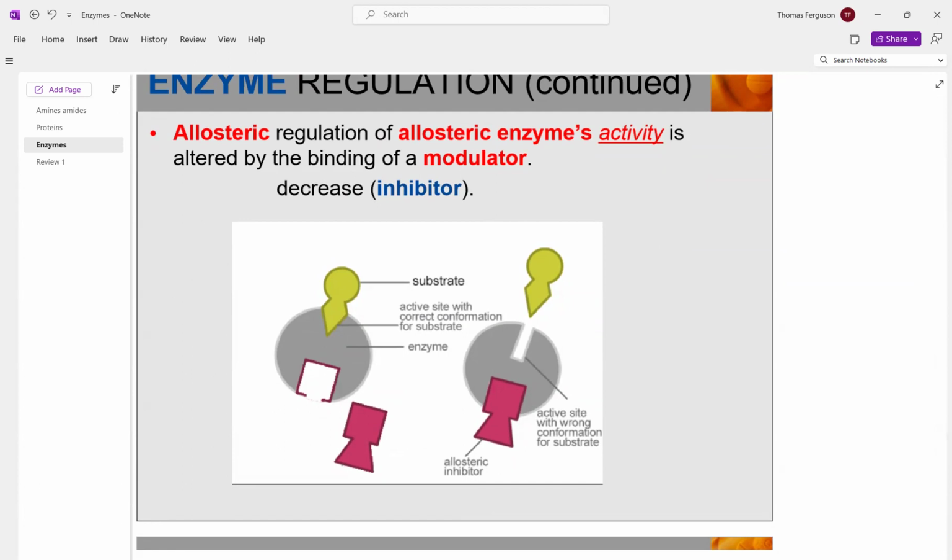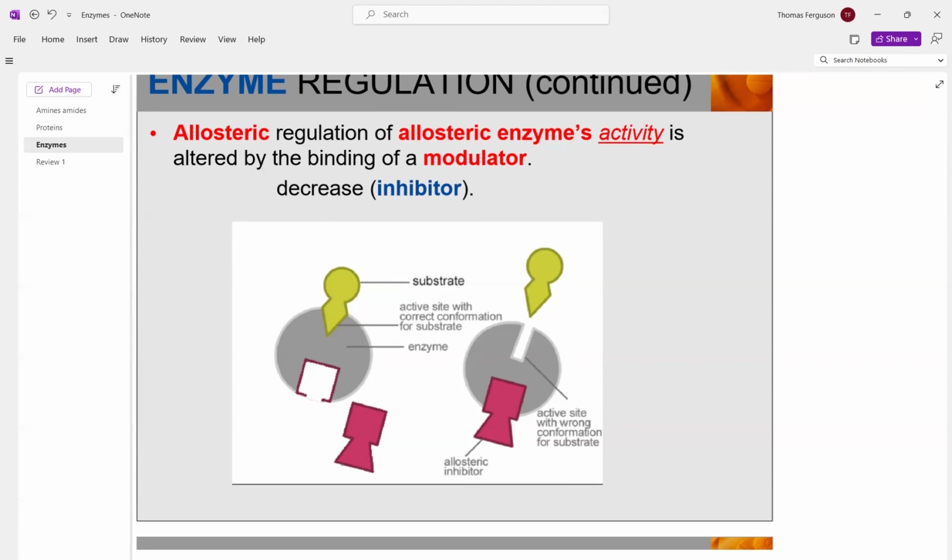One is for the modulator and one is for the substrate. The modulator site is also designed very specifically, so it only accepts the modulator's size and form. Once it fits in there, something's going to happen to the active site.